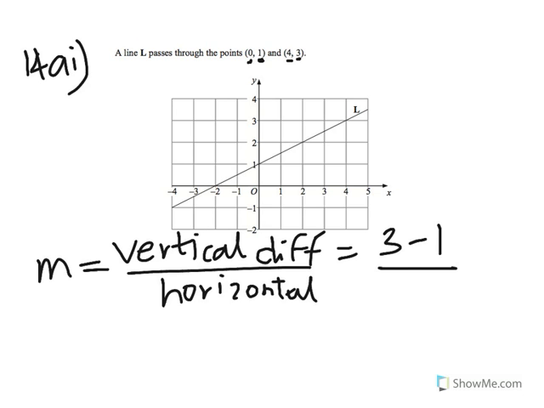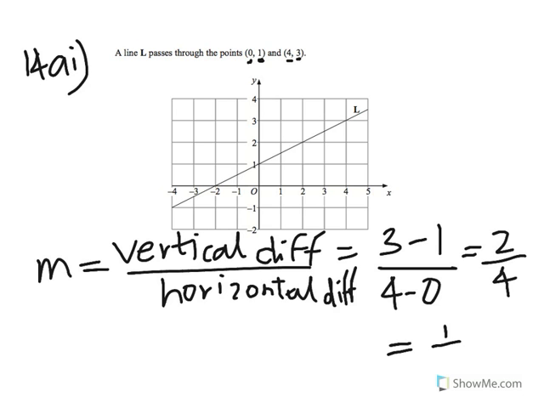And the horizontal difference is 4 minus 0, because the change in the x-axis is 4. So this simplifies to 2 over 4, and so the gradient is a half, or 0.5.